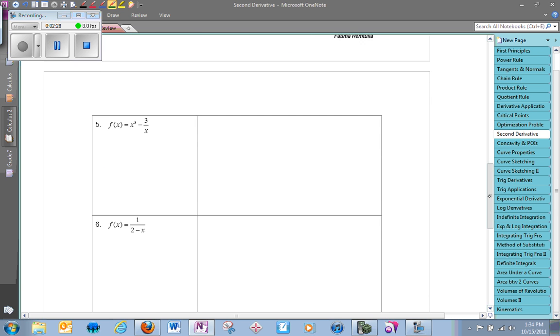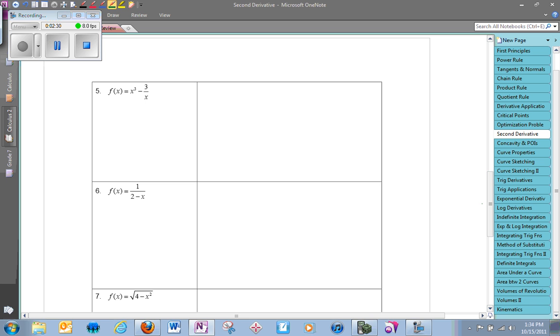Okay, try question number 5 and 6 on your own first. Make sure you rearrange so that you're able to manipulate them. So this one here is this. Now take the derivative. So that's 3x squared plus 3x to the minus 2.